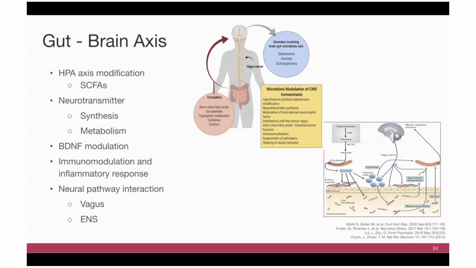BDNF, this is the brain-derived neurotrophic factor, binds to tyrosine kinase receptors. It plays a critical role in neuronal survival, synaptogenesis, and neuroplasticity. It's reduced in type 2 diabetes and increases with things like exercise. Interestingly enough, it's also been linked to impulsivity and risk-taking behavior.